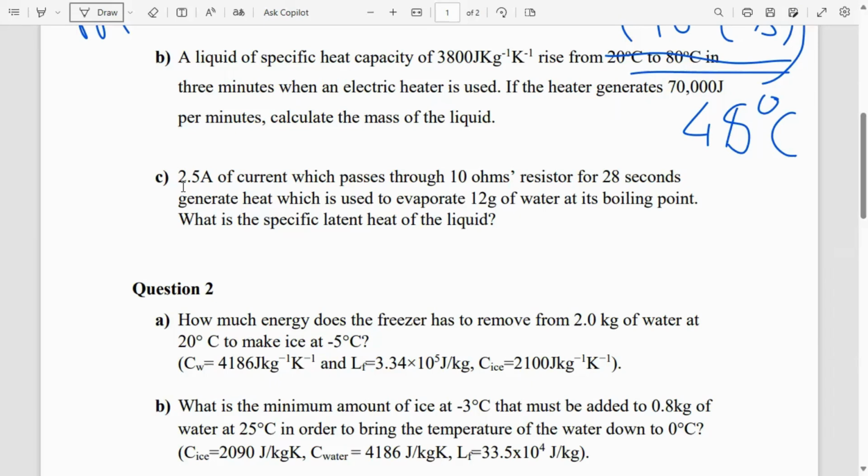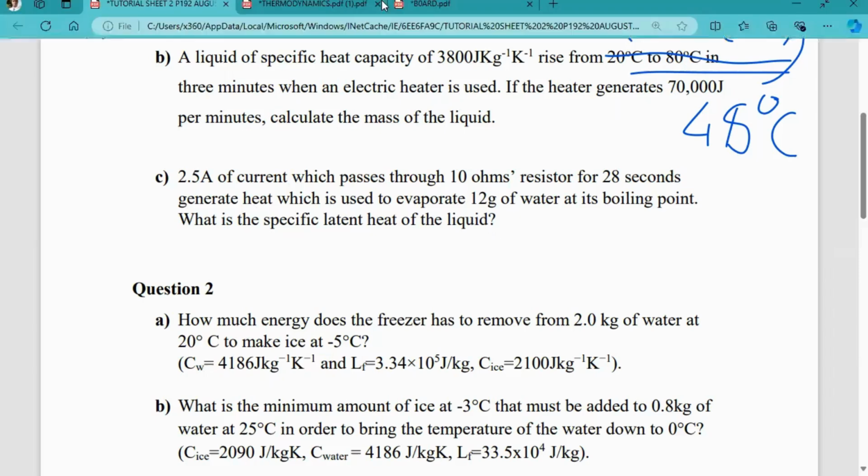So that's how we are going to approach this question. We'll find the energy. Then, since we already have the mass of our liquid, we'll replace that mass into the formula in order to find the latent heat of that liquid.